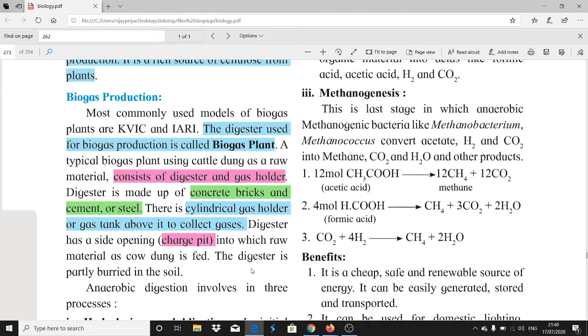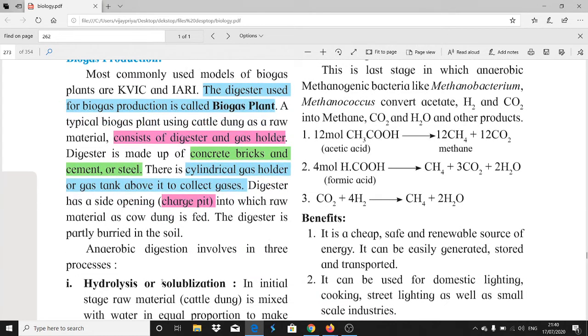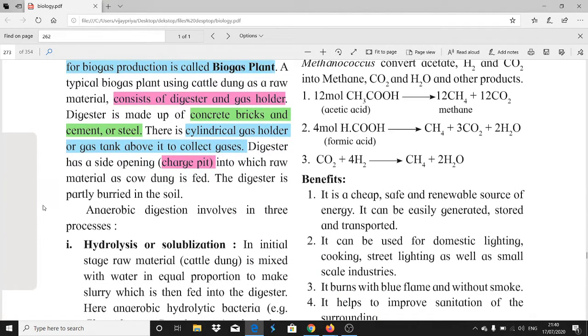The digester is partly buried in the soil. It is not completely buried inside the soil and not completely above the soil, but partly inside the soil and partly above the ground.